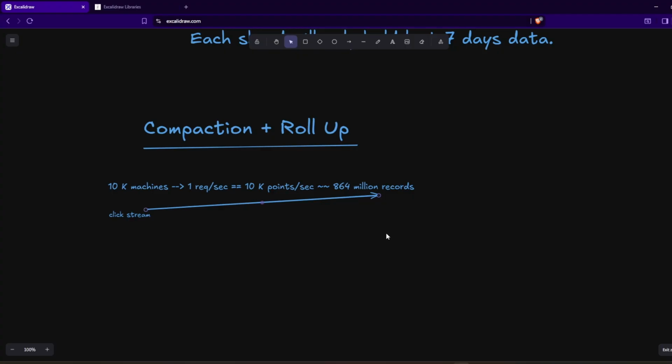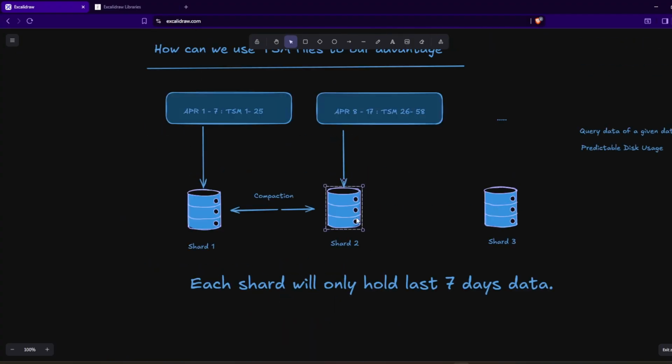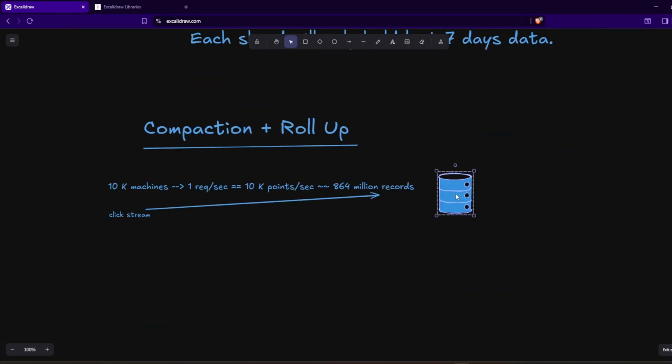Probably you can imagine the kind of pressure the database or the system would be exposed to if we keep on saving all this data, and this data over time always loses relevance. Like, we generally do not go into a granular log of something that happened more than 30 days ago.